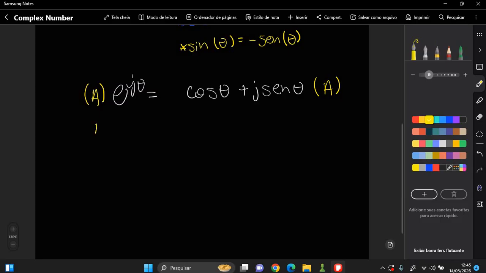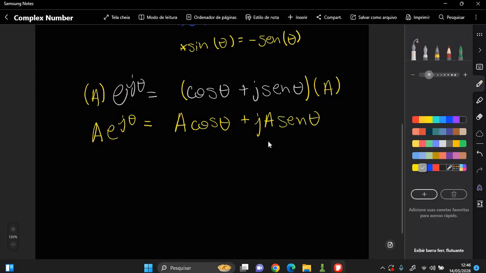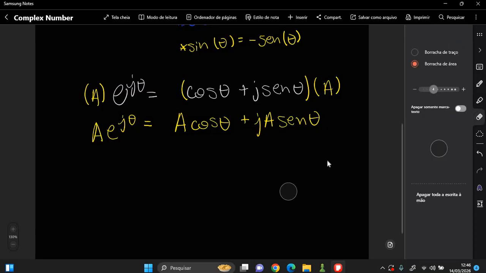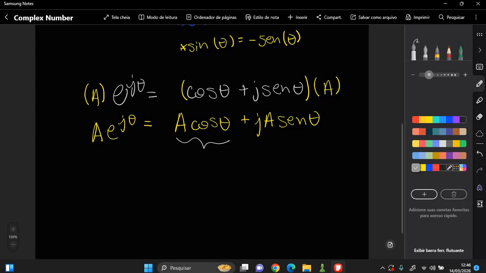So we got this, and now to simplify things, we say this is a and that is b, j.